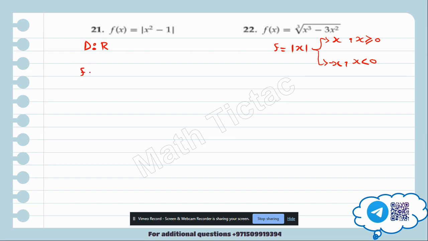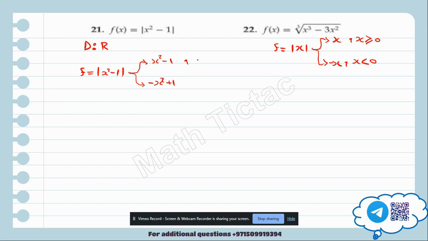So f is equal to the absolute value of x squared minus 1. In here, we can take the same function x squared minus 1, and the opposite function, which is minus x squared plus 1.